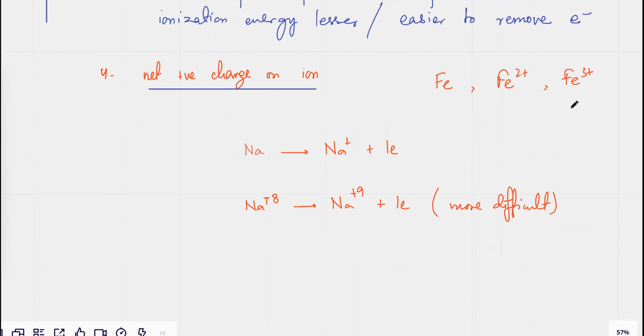And there's a fifth point which we are not going to discuss at the moment. That's the subshell and orbital arrangement. Remember, it doesn't really matter in most cases. This factor is about which subshell you are trying to remove electrons from. Is it the p subshell? Is it the s subshell? Mostly it doesn't matter.